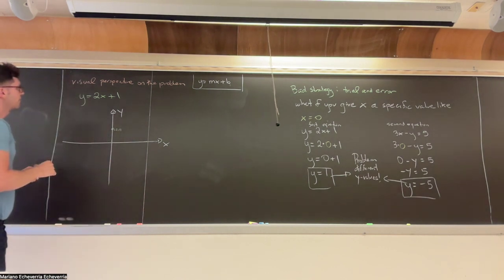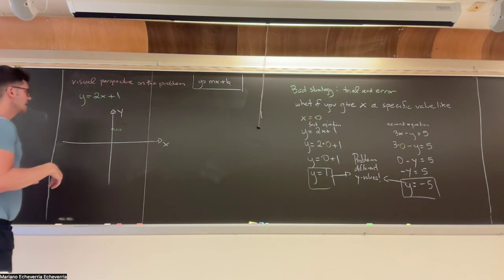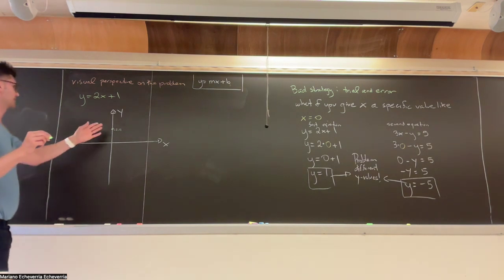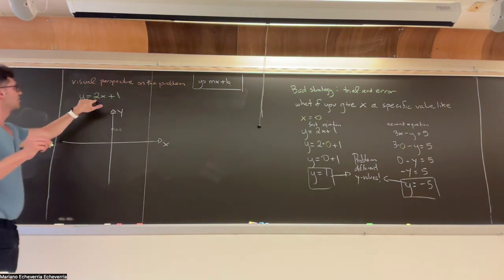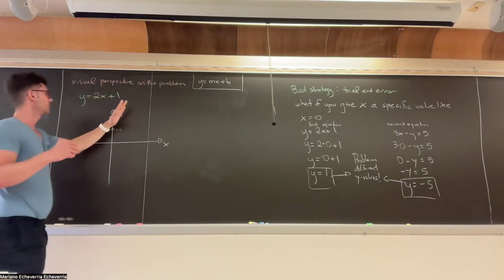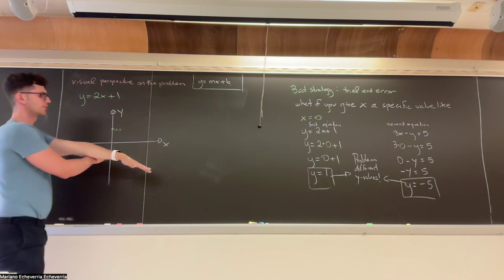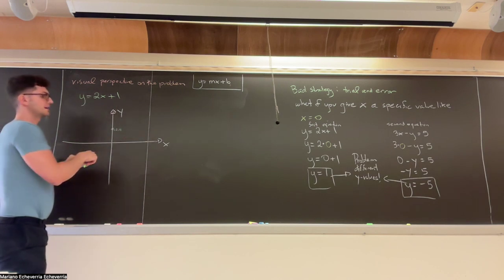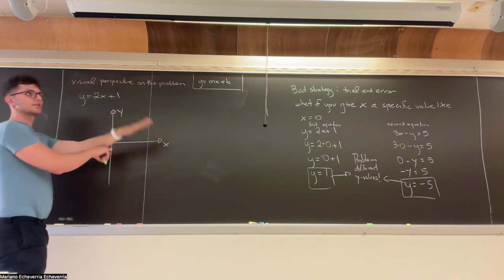You don't have to be super specific about this. You already have this point, and then there's the slope. The fact that it is positive just means that it is an increasing line, meaning that the tilt is upward.